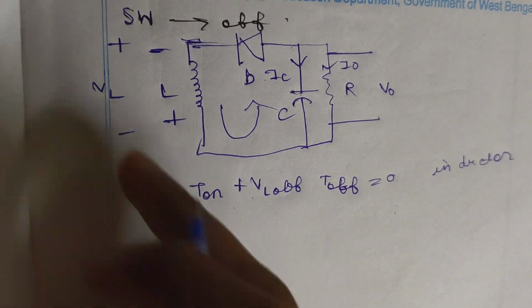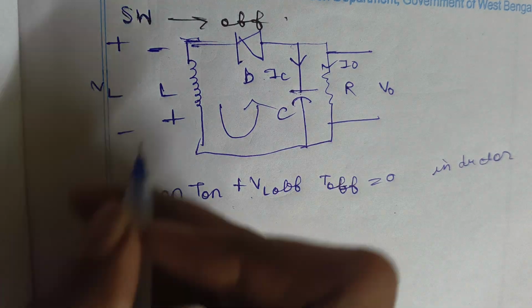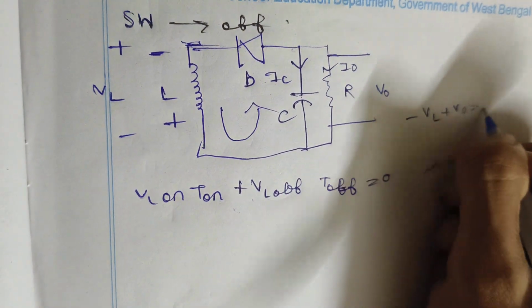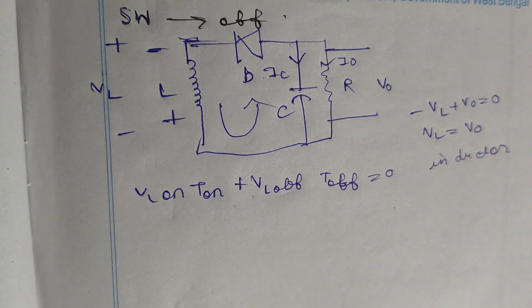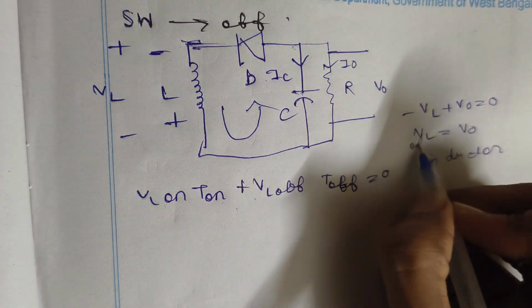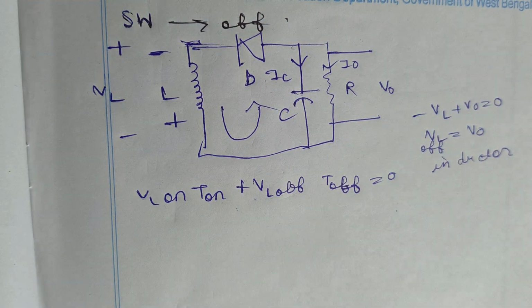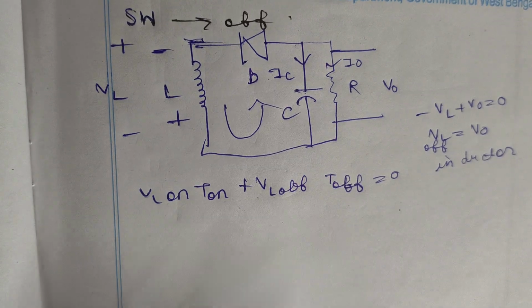Okay, so the inductor's output voltage is V0. So what is VL? We apply KVL: minus VL plus V0 equal to 0. So VL is equal to V0. In the off condition, because the switch is off, that particular part is open circuited, no current passes through it. So VL on is VS, the supply voltage.